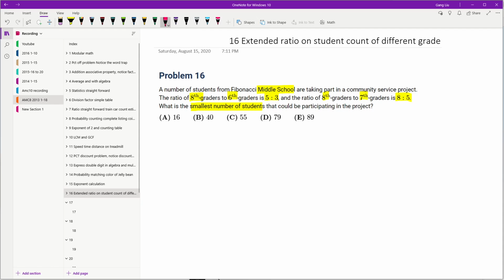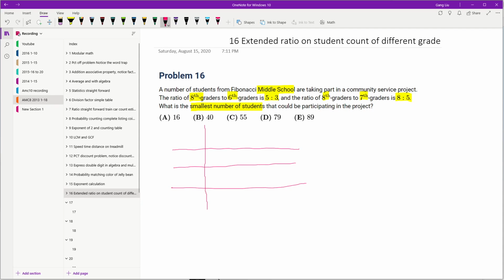What is the smallest number of students that could be participating in the project? We use a table to represent two disconnected ratios, and will change them into an extended ratio.